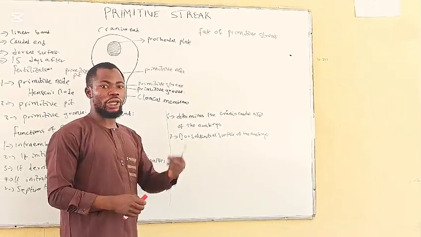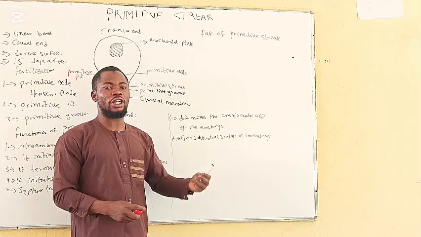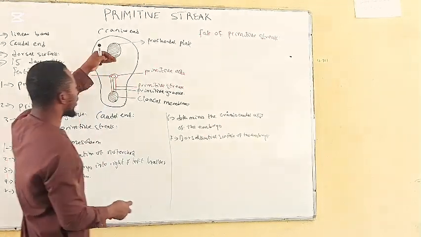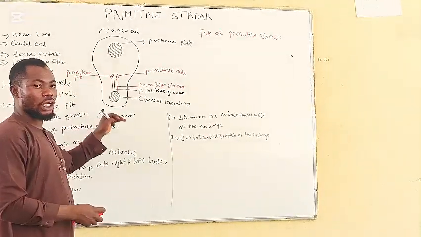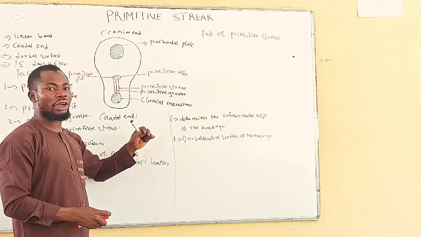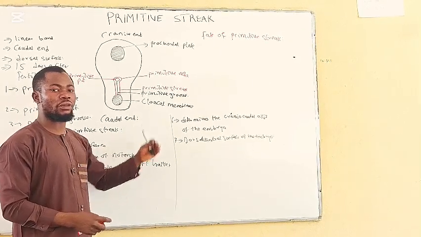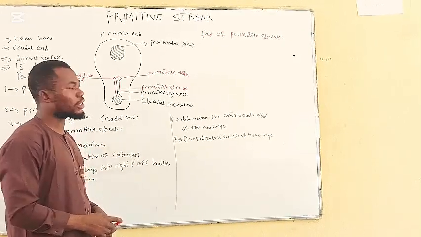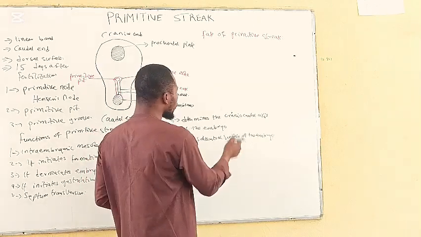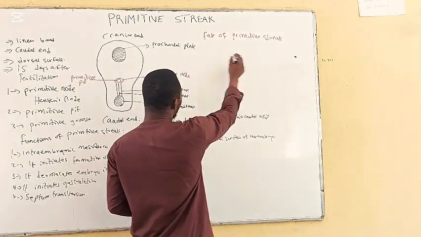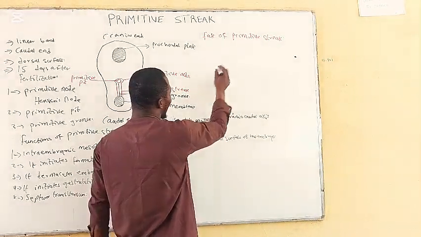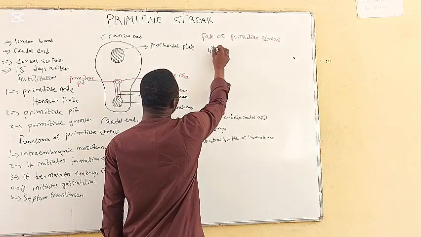After the end of the third week, it begins to regress craniocaudally, that is from the cranial end to the caudal end, and finally disappears or becomes insignificant by the end of the fourth week.